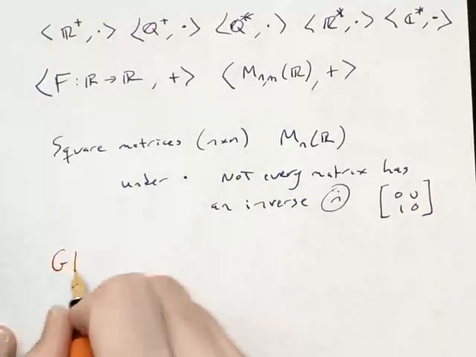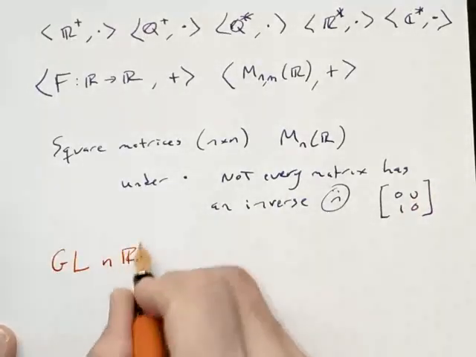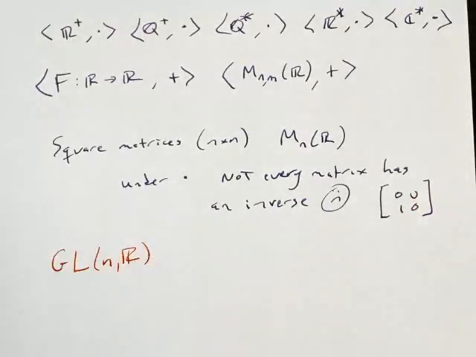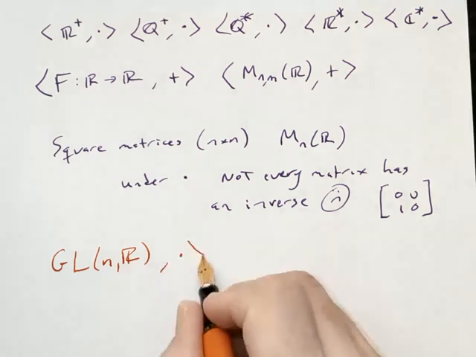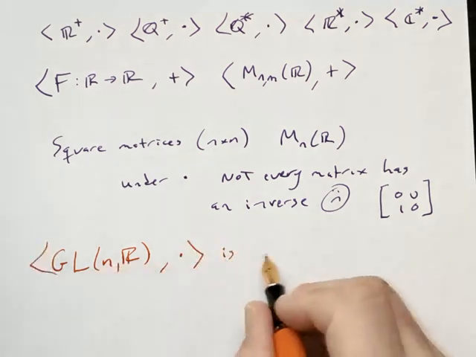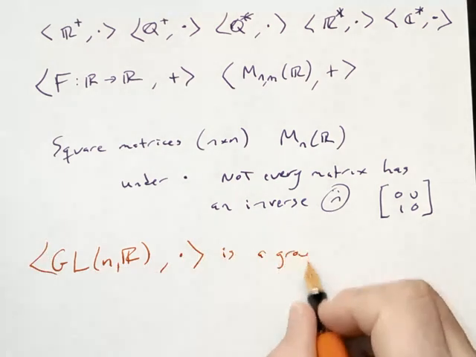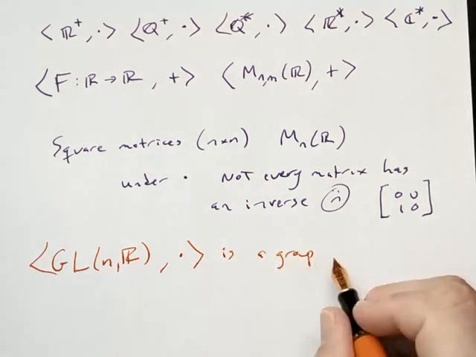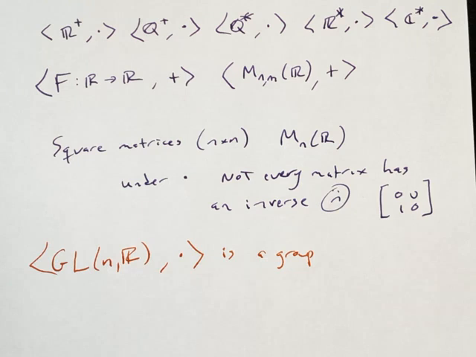The set GLNR, general linear, N is the size of the matrix, R stands for real entries. Again, I've taken care of each problem as we go along.